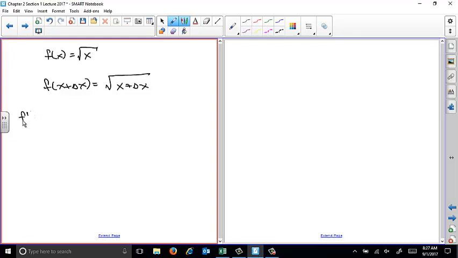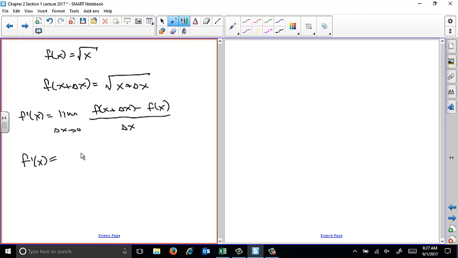We say the derivative is defined as the limit as delta x goes to 0 of f of x plus delta x minus f of x divided by delta x. And then we plug in what we know to be f of x plus delta x, subtract f of x, divided by delta x, and I forgot the limit part: the limit as delta x goes to 0.